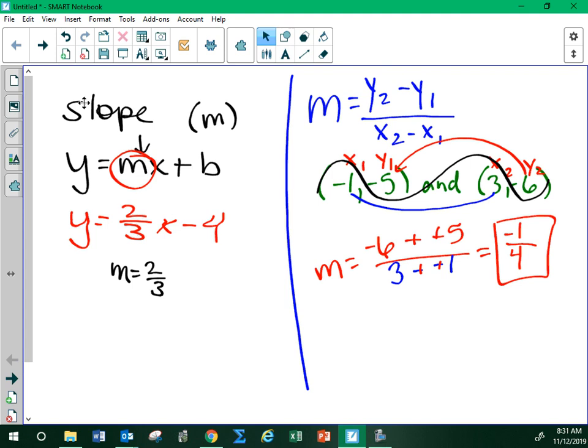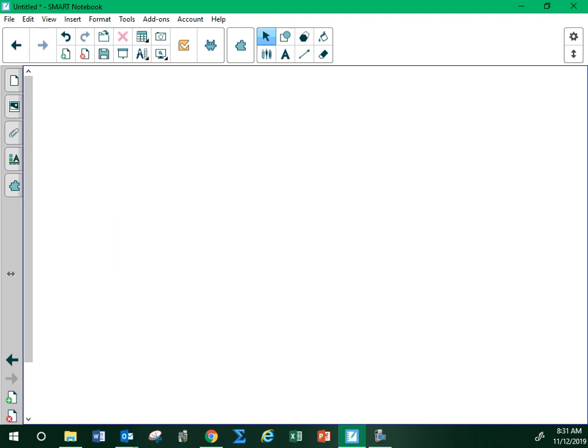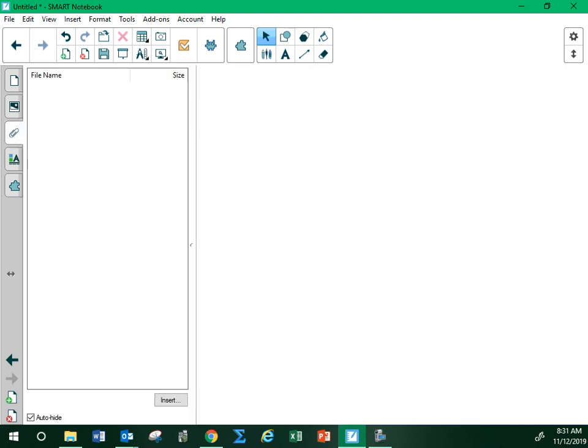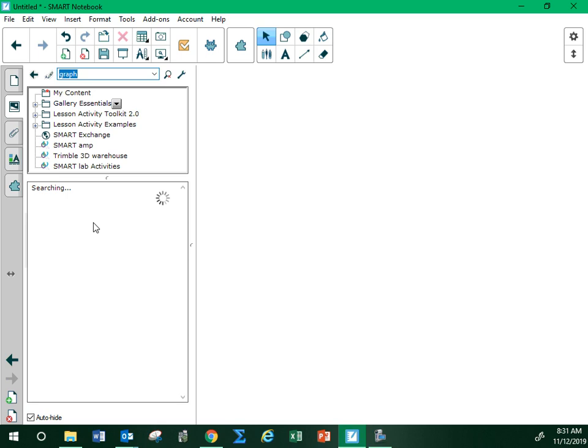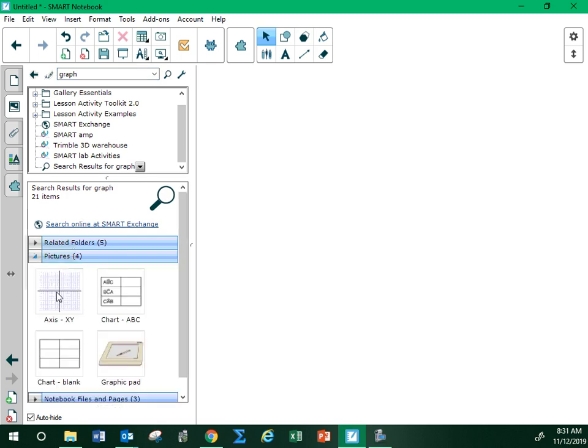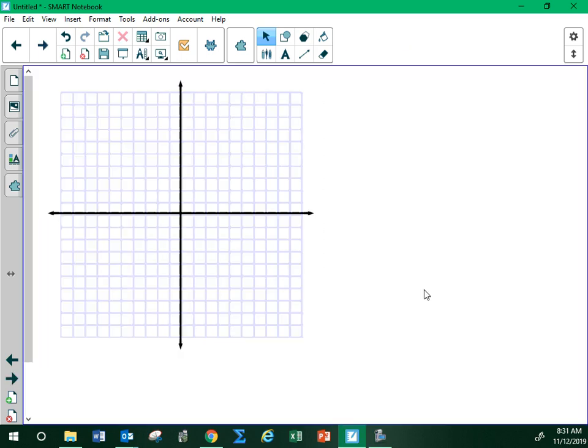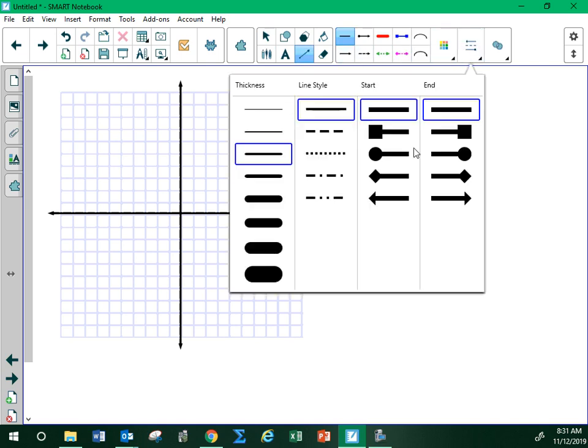The other thing is they might give you a graph, and you have to get your slope from there. So let me see if I can actually just throw in a graph. So let's suppose that I have this line.